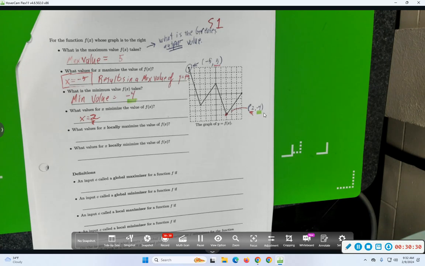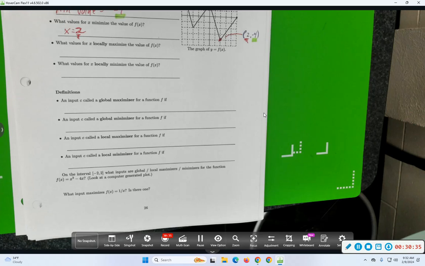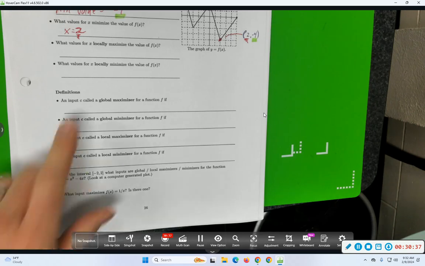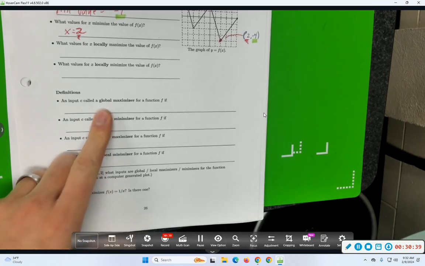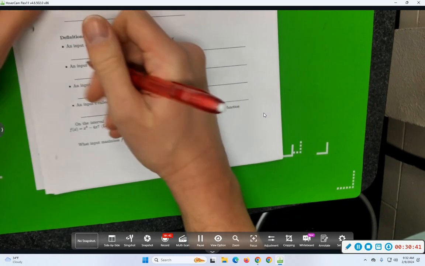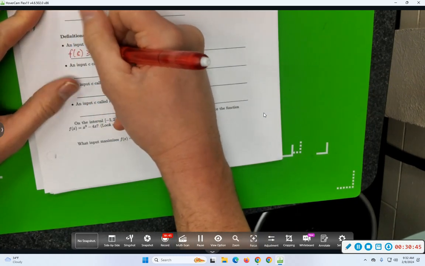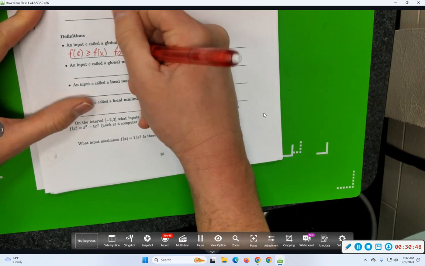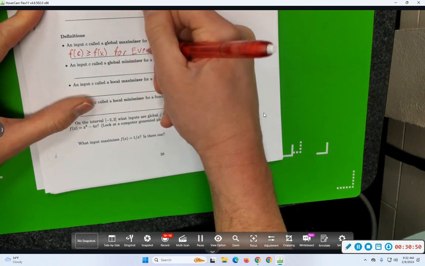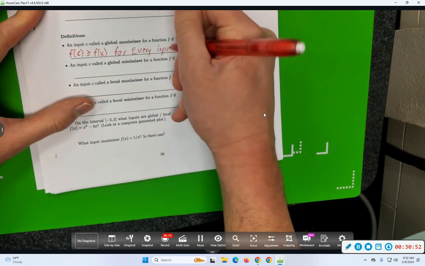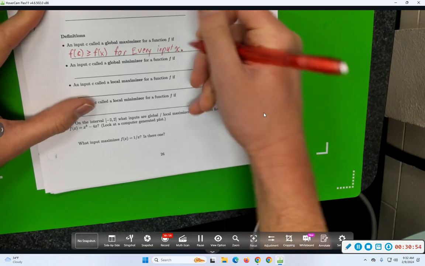So I think that tells us enough to say what we mean by a maximum and minimum value. So an input is called a global maximizer if f of c is bigger than or equal to f of x for every input x.